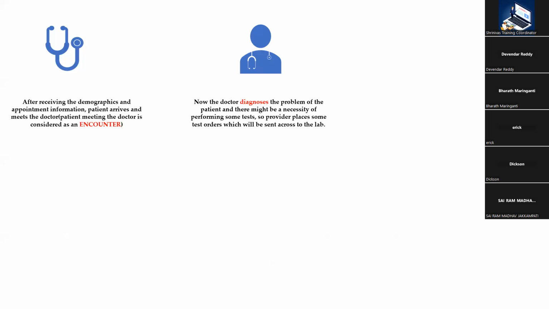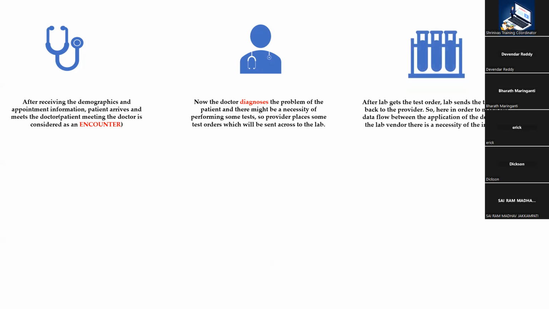So now the doctor will go ahead and diagnose the patient. He will try to see if he can diagnose the patient just by looking at the symptoms, if possible, which is not possible in most of the cases, right? It's very rare. So usually they go ahead and schedule or may place some lab orders stating that, hey, you know what, go ahead and get this blood test done or urine test done.